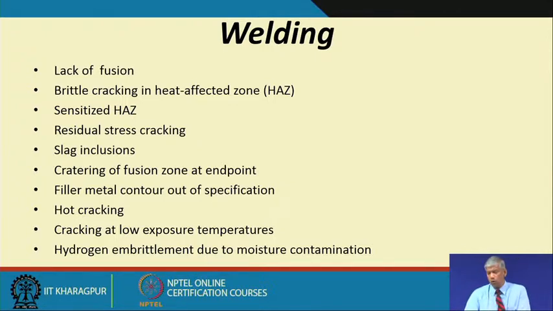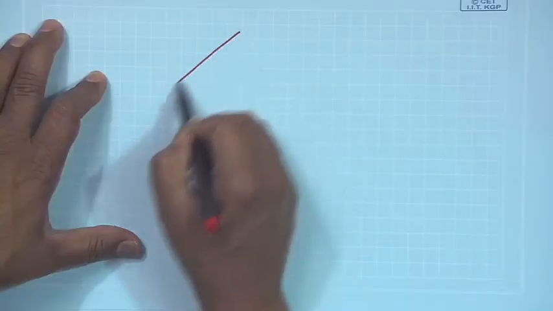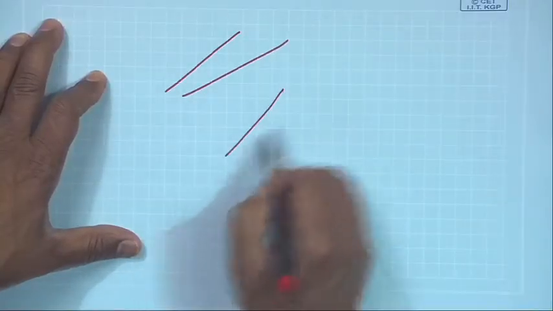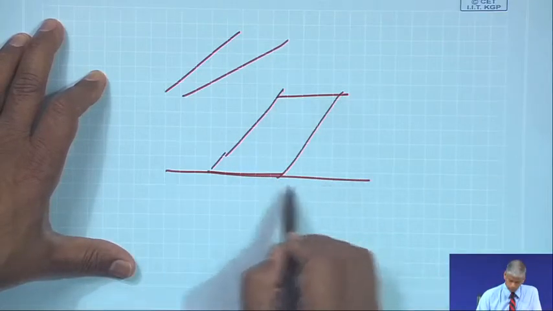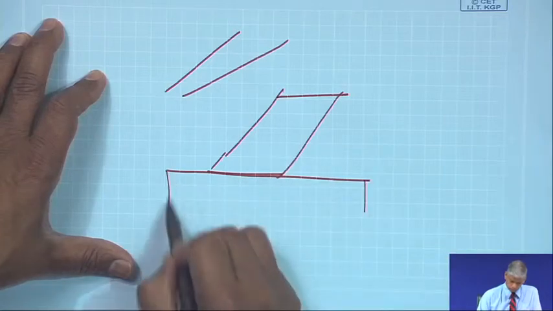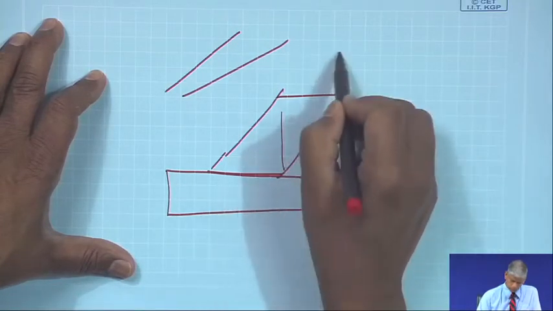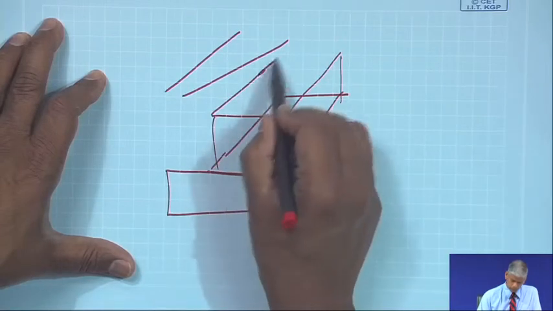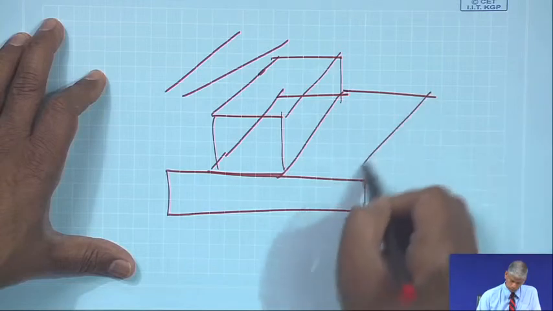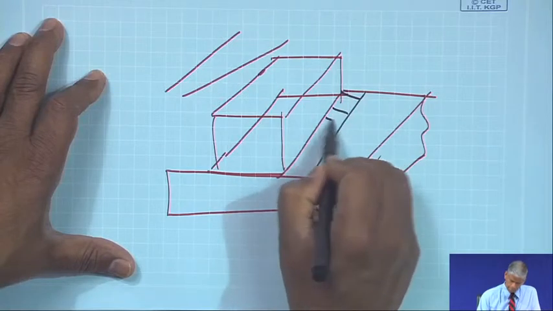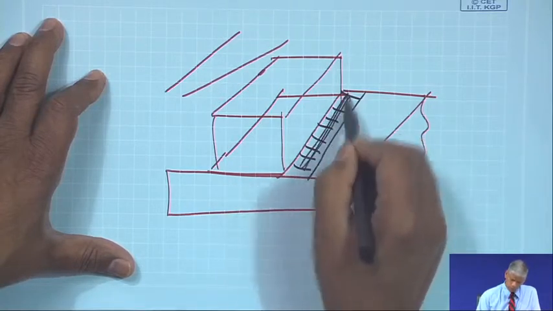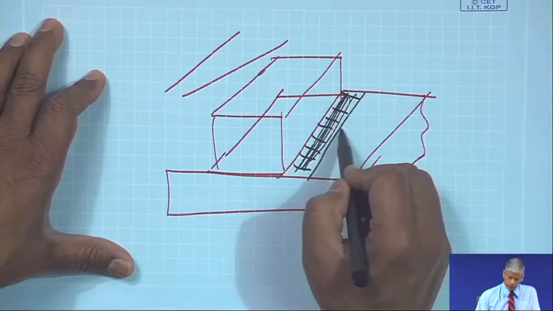So, these are all issues which happen in your welding. So, again when we weld a structure, so if I put a weldment here, some of the zones will be heat affected because of the high temperature.